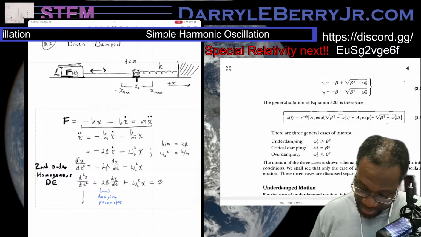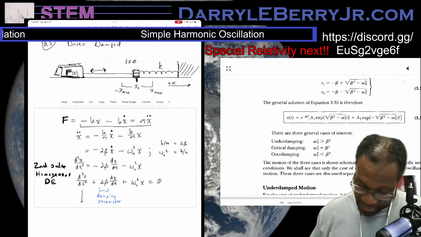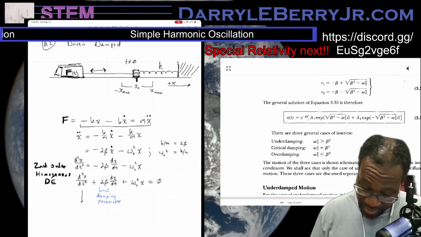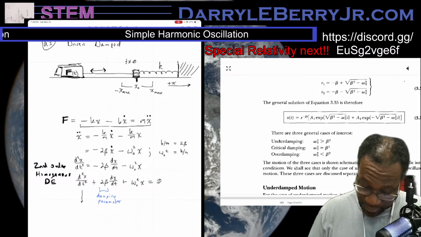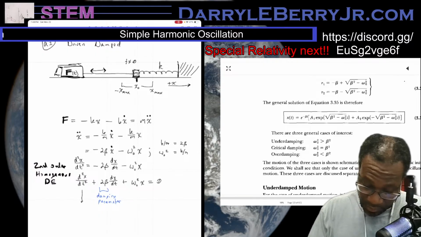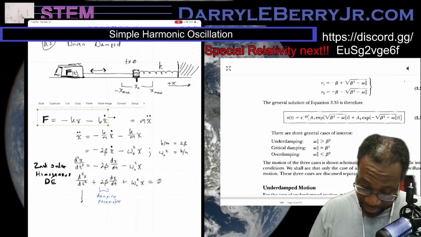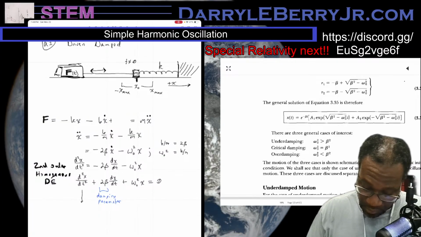And the only addition we have to make to have it driven is going to be that on the terms on the left, I'm going to add my f of t. Right.